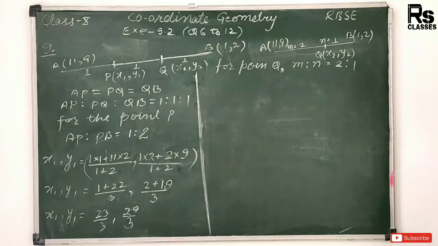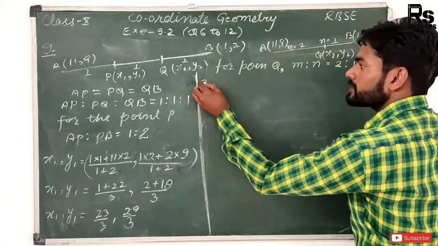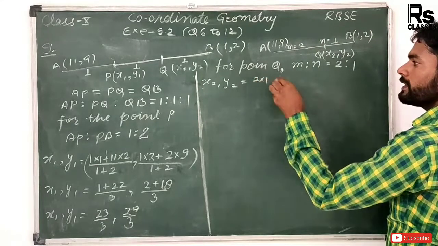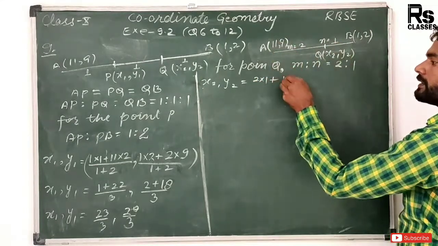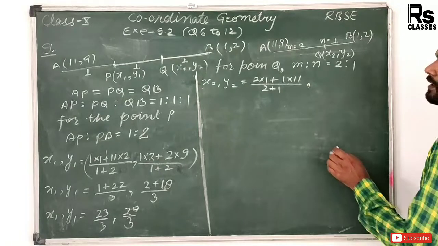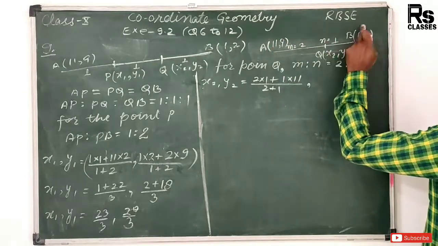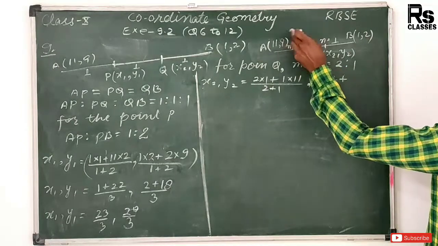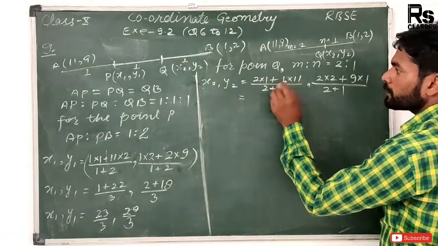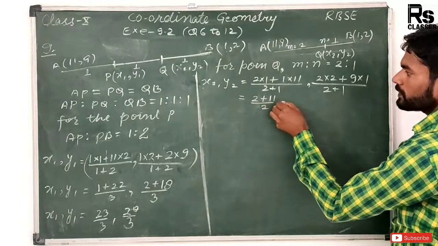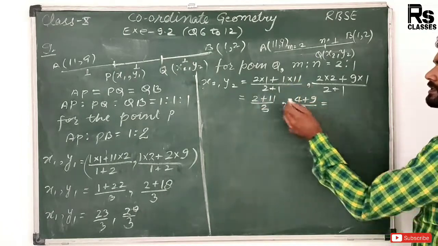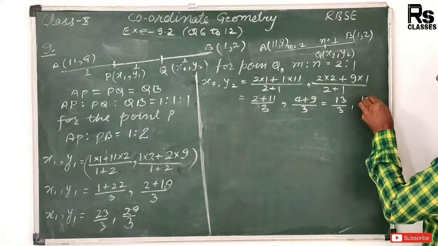Now apply again the section formula for this point. x2, y2 is equal to (m x2 + n x1) upon (m plus n), that is 2 into 1 plus 1 into 11 upon 2 plus 1, comma (m y2 + n y1), that is 2 into 2 plus 9 into 1 upon 2 plus 1. 2 plus 11 upon 3, comma 4 plus 9 upon 3, is equal to 13 upon 3, comma 13 upon 3.